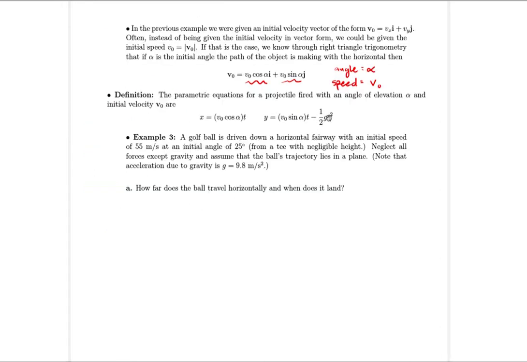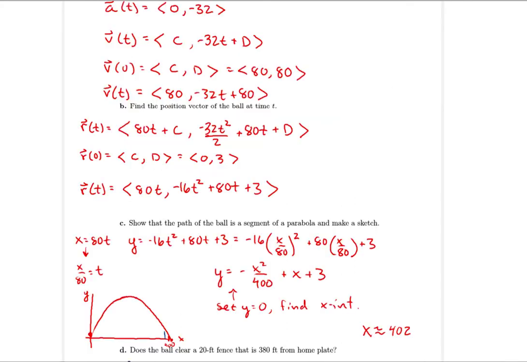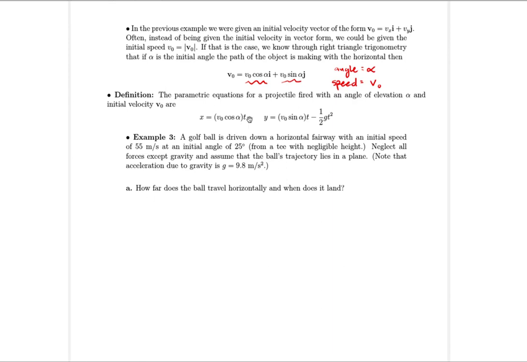This 1/2 gt squared is that negative 16 t squared from the previous page. This one is fired from the ground, and so that's why we don't have the +3 here. Besides that, that's all we did, we're just writing it as a formula. All right, so equipped with that, now let's take a look at this example.